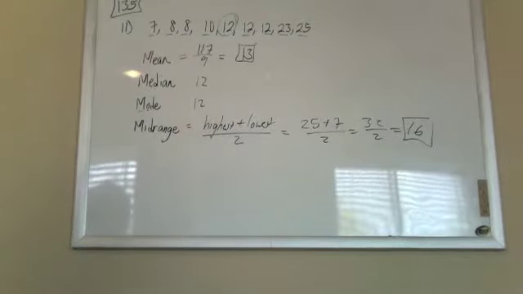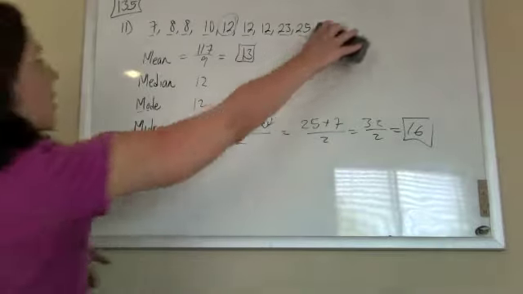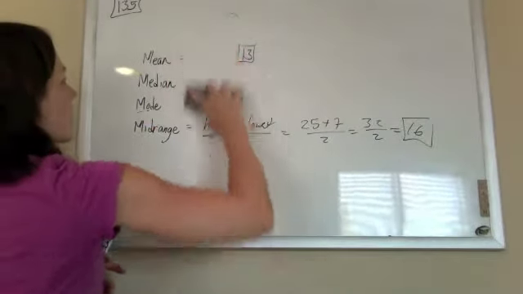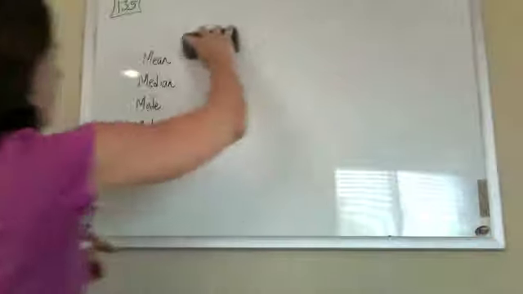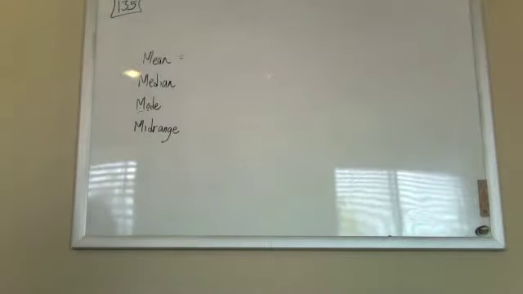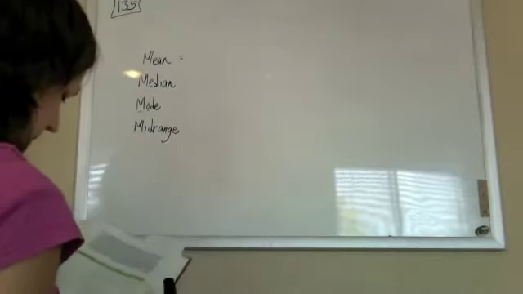So we're going to do the same thing for number 19. 6, 8, 12. And when I write these, I'm going to make sure I write these in order to help me with my median later.